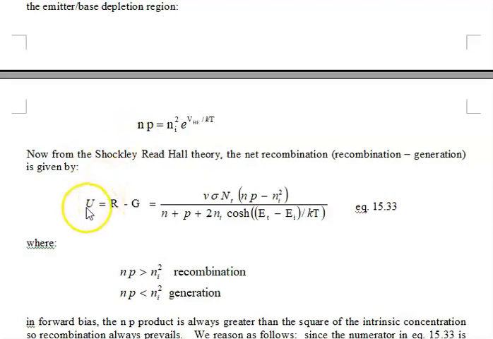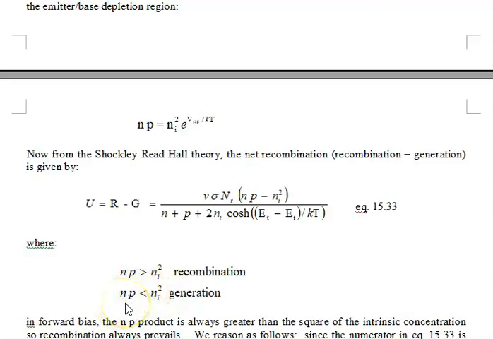Anyway, U is the net recombination rate, R is recombination, G is generation. If the NP product is greater than Ni squared, that's non-equilibrium on the high side, there will be a tendency for recombination. Again, this is simply a statement of Shockley's principle. Stress a system, and the system will try to reduce the stress. If you put too much charge in, the system will try to reduce the stress by recombination.